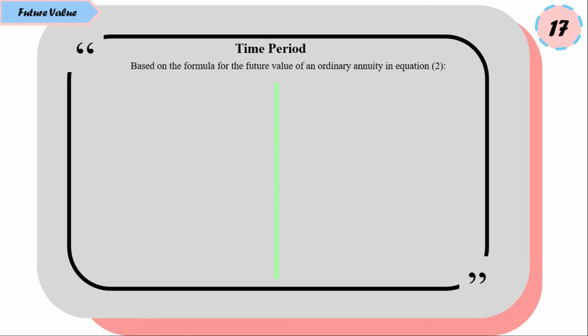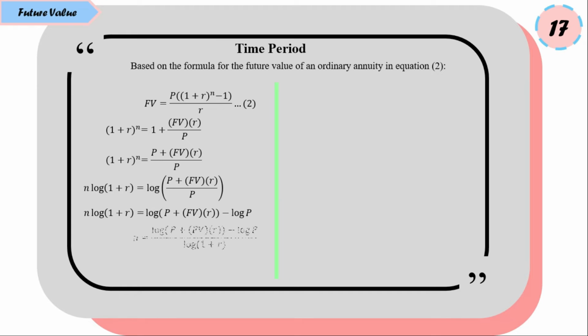Based on the formula for the future value of an ordinary annuity in equation 2, we can get the formula of n equals log of (P plus future value times R) minus log P, divided by log (1 plus R).